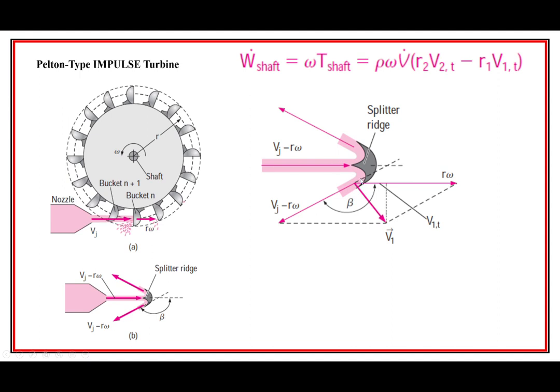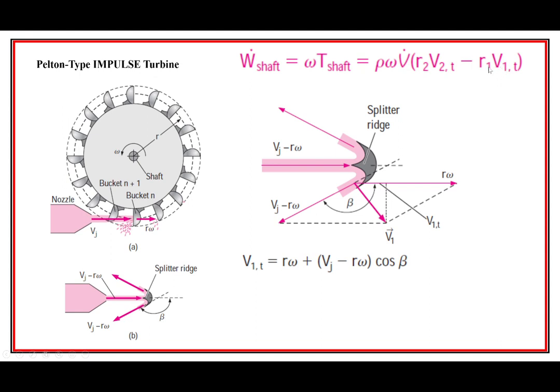So here is the velocity triangle parallelogram. And you can see that we have the inlet velocity right here, and a relative velocity right here. We want the tangential component up here.